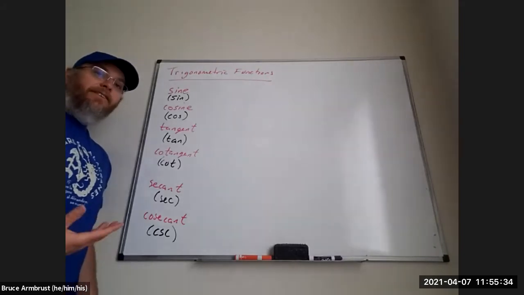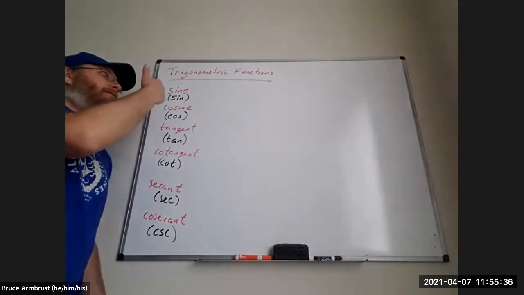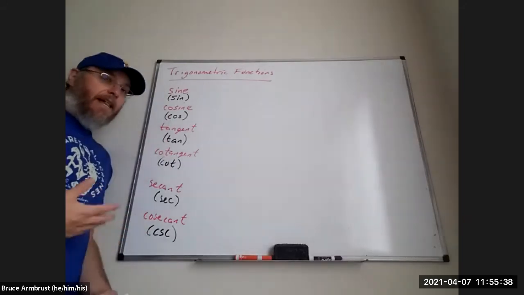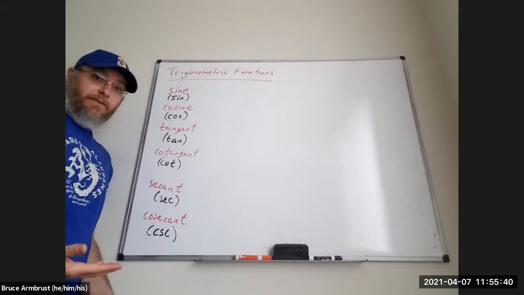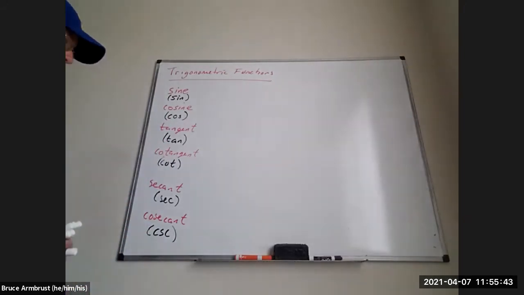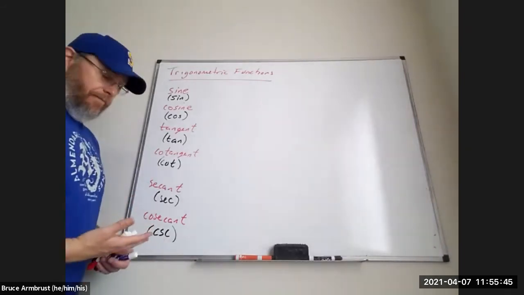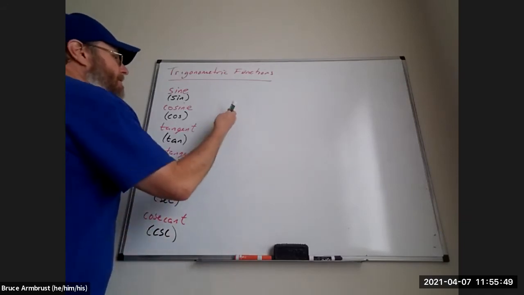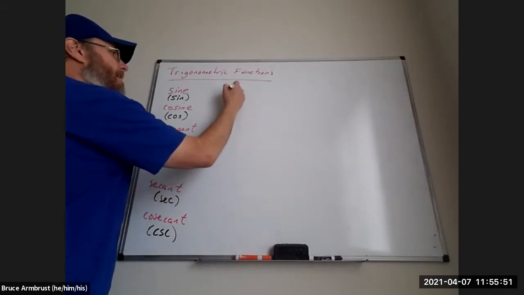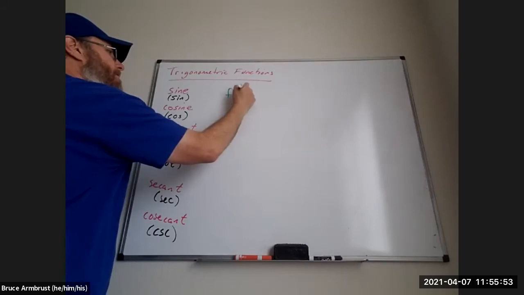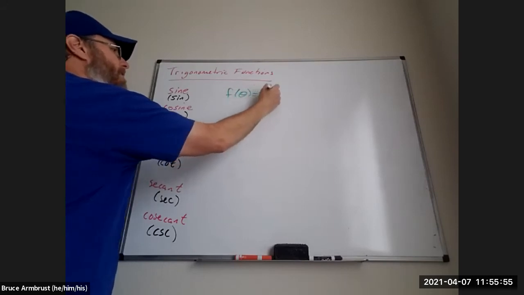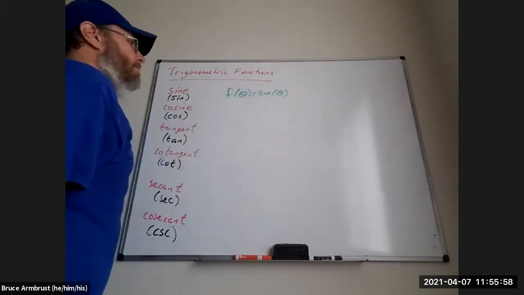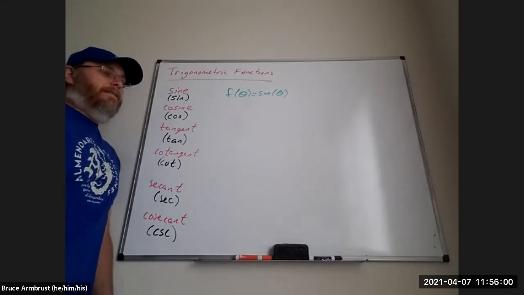All right, so now, like I said, they are functions, which means we're plugging something into them. So what you're going to see when we write these out, you're going to see them written like f of theta equals sine of theta.